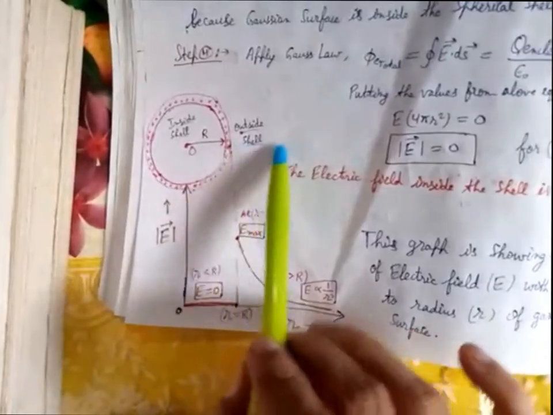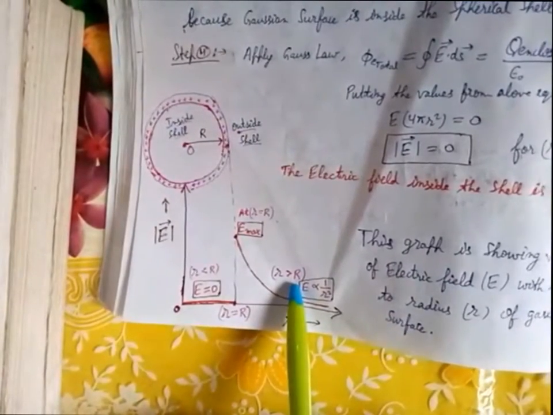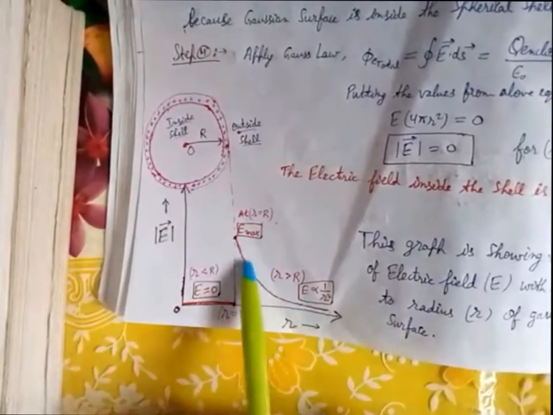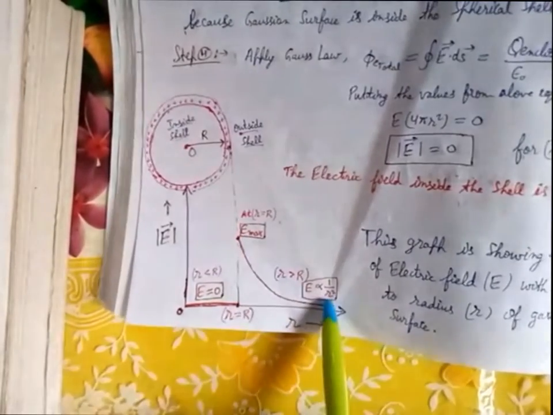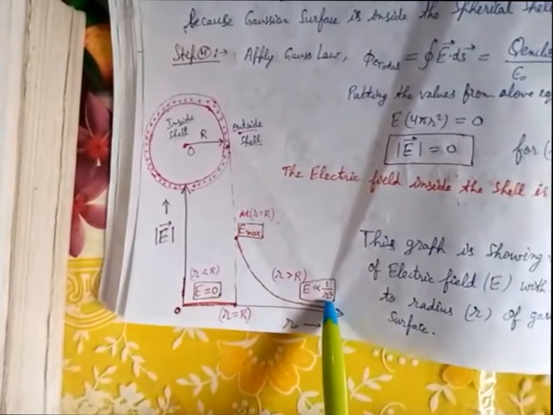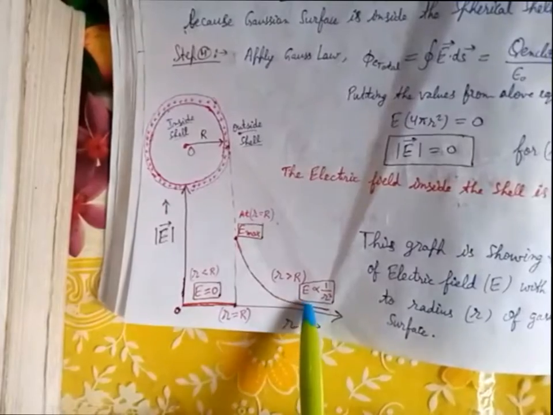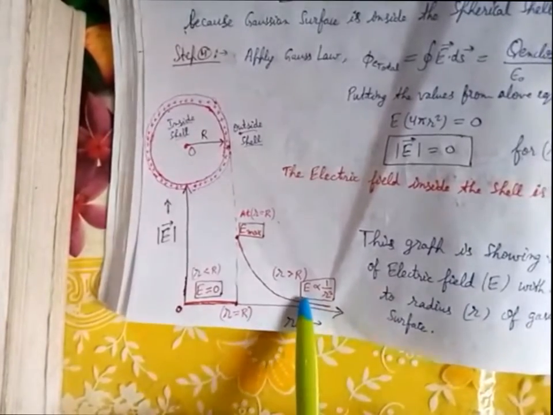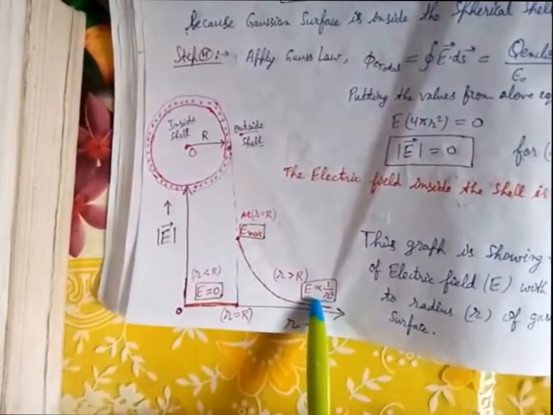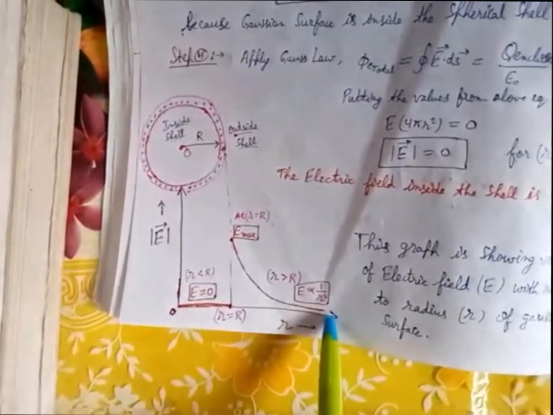Then outside the shell, when the small r is greater than capital R, the electric field is getting decreased by the inverse square of the distance. It means electric field is inversely proportional to r square, or electric field is directly proportional to 1 by r square.